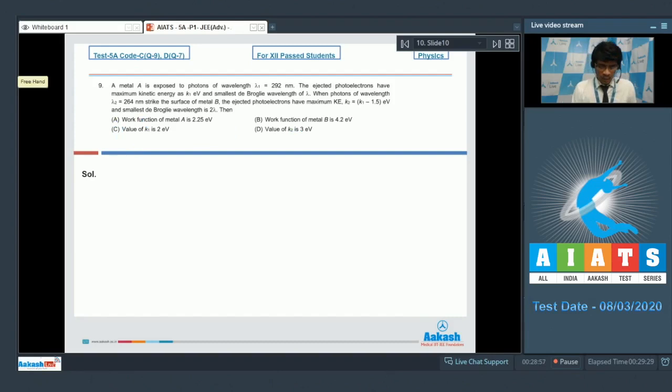Okay, let's start with the situation given for metal A. The wavelength incident is how much? 292 nanometers. So I would say HC divided by 292 nanometer minus 5.1 would be equal to the maximum kinetic energy K1, and similarly for B it would be HC divided by 264 nanometer minus phi 2 would be equal to K2. The other part given here is the smallest de Broglie wavelength.